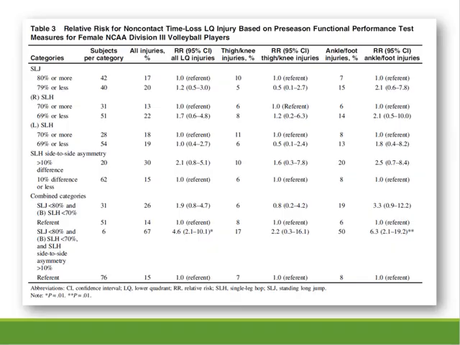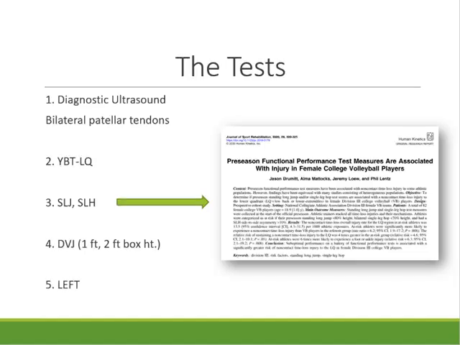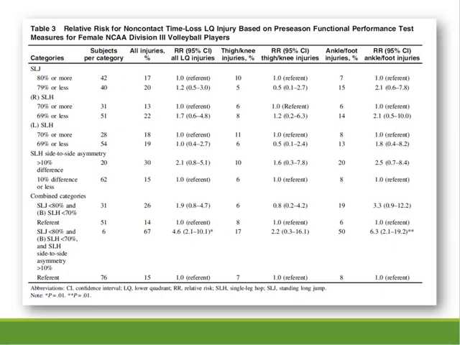Now, one of the first papers that I came up with that focused solely on volleyball players was this one looking at Division III athletes, and it's presented right here. What I wanted to look at was, do the jump and hop tests discriminate injury risk?